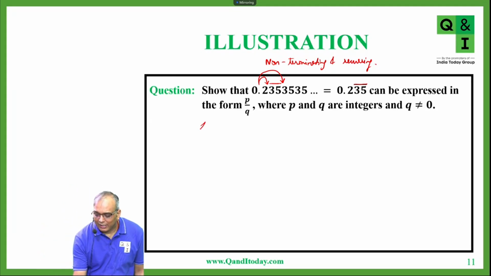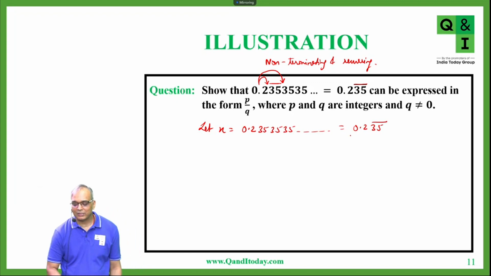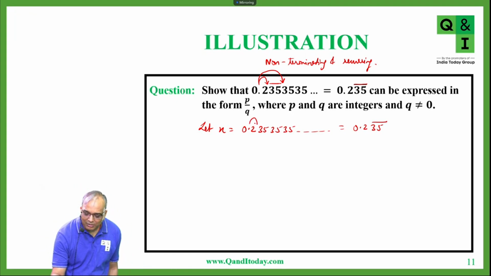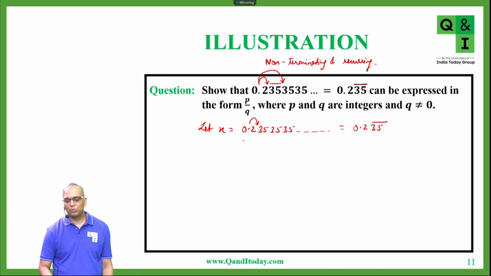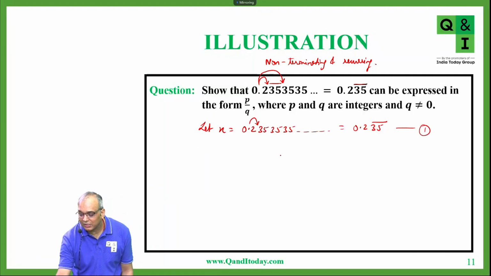So again, let x is equal to 0.2353535 and so on, which is 0.235 and then bar over this. Now, as I said, we have to move the decimal first to the place where the repetition is starting. So multiplying by 10, so this is your first equation.